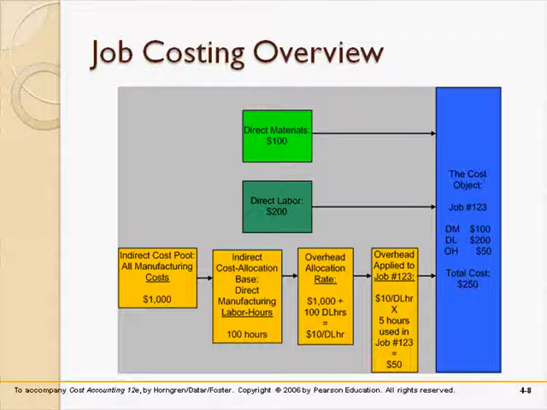So in this case, if there was 5 hours used in job 123, and we figured that there's a $10 cost per labor hour and we're applying it based on manufacturing labor hours, then we multiply that $10 direct labor hour cost times the 5 hours and apply $50 to job 123.